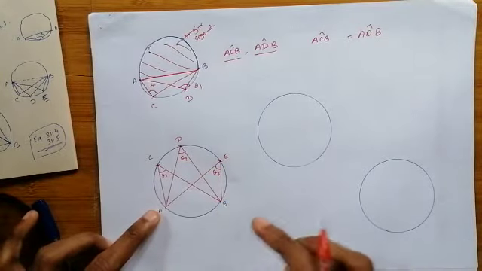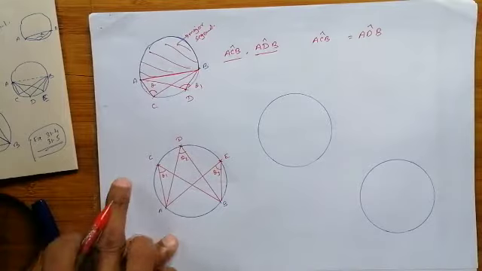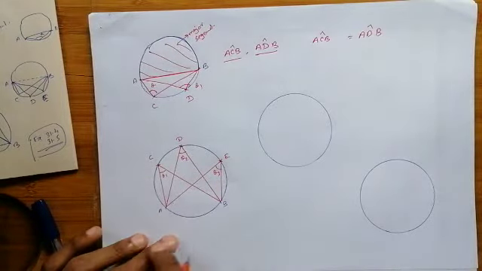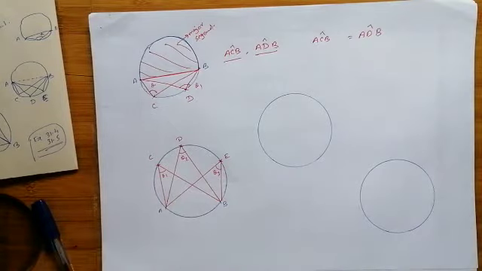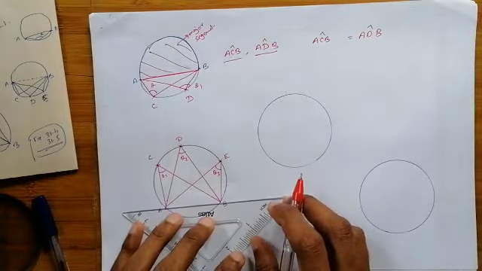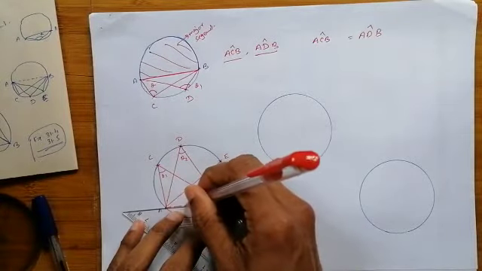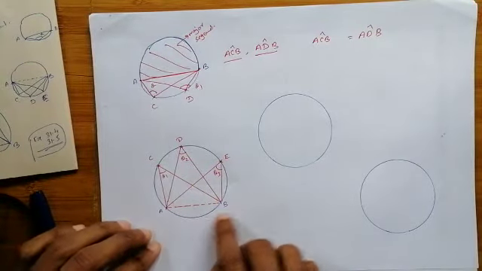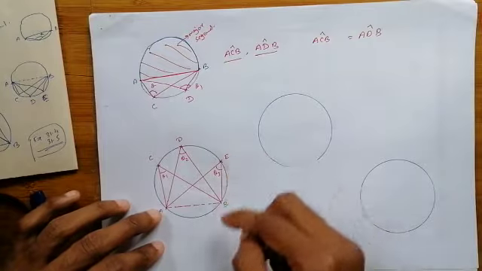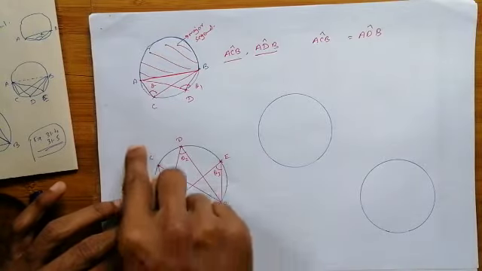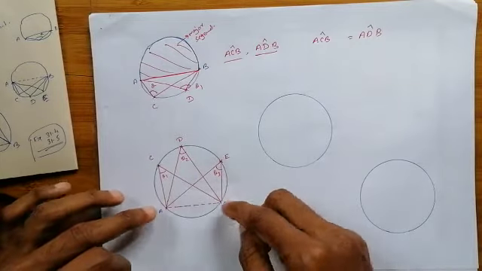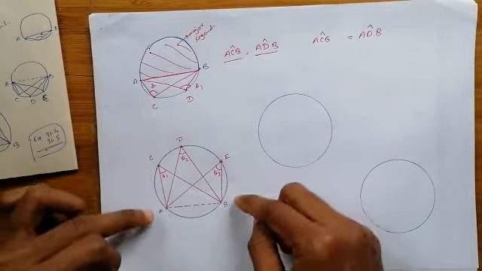Now we are going to describe the position of the created angles, the position of ACB, ADB and AEB. To describe the position, we need to connect points A and B. If we connect A and B, AB now divides the circle into two portions. All these points C, D, E are on the same side of the AB chord.